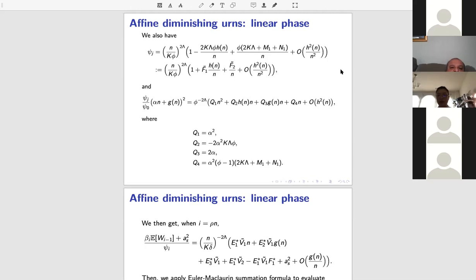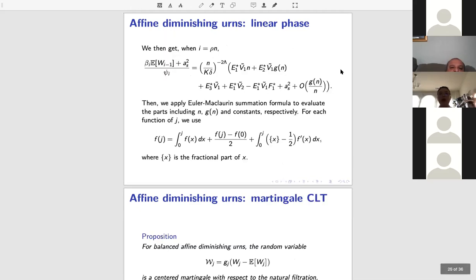After that, we combine all the factors inside the sum and apply the Euler-Maclaurin summation formula to evaluate each part inside the sum. Because the integration and the summation are asymptotically equivalent, we will get the asymptotics for the second moment. Through this, we will obtain the asymptotic variance.